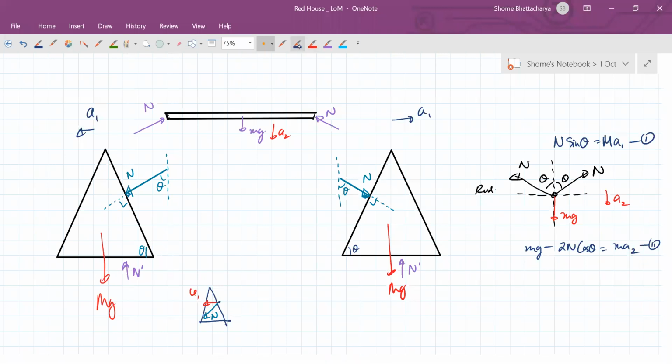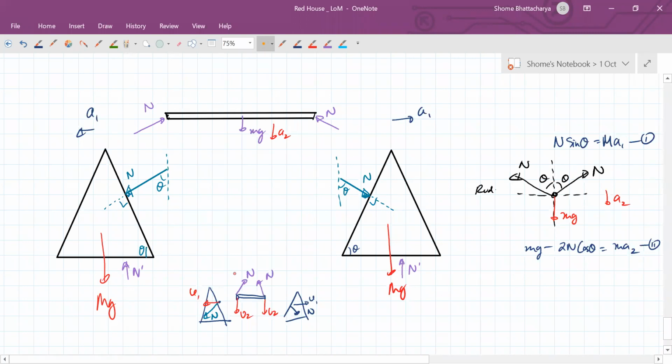And the same for the other one. So same thing, normal reaction, v1 in this. But as far as the rod is concerned, the normal reaction is acting in this sort of direction and this sort of direction, whereas the point of application where the normal reaction is acting has a downward velocity v2.